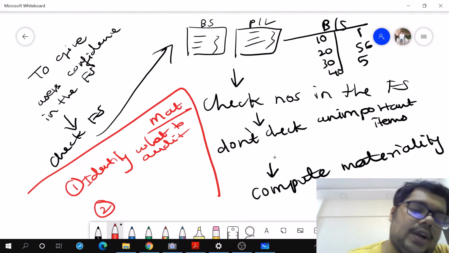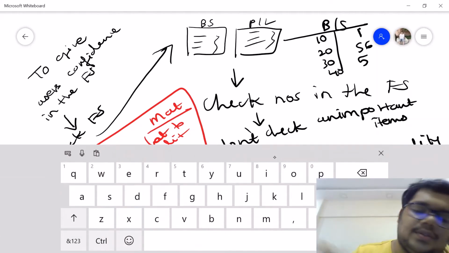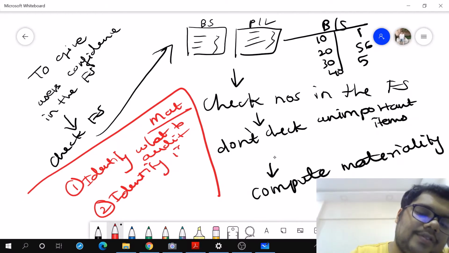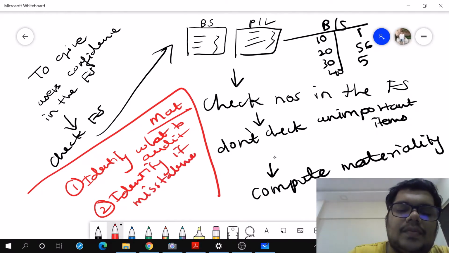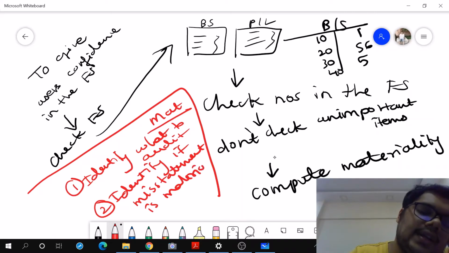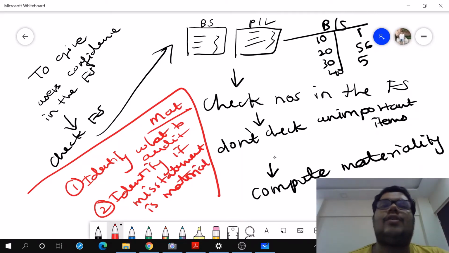And the second point is to identify if a misstatement is material. So let us say, for example, I determine a materiality of 5 lakh.